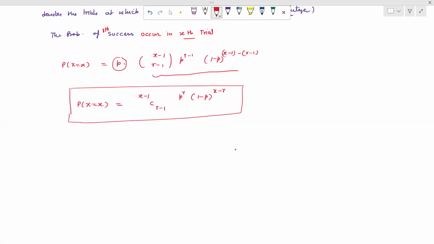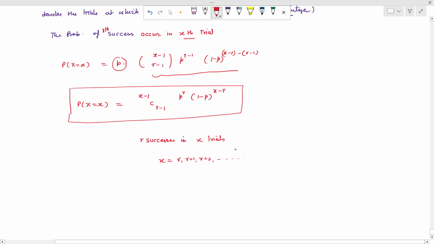So r successes in x trials. That means here x we can write as r, r plus 1, r plus 2. So we are talking about the rth success, so the x value will be greater than or equal to r.